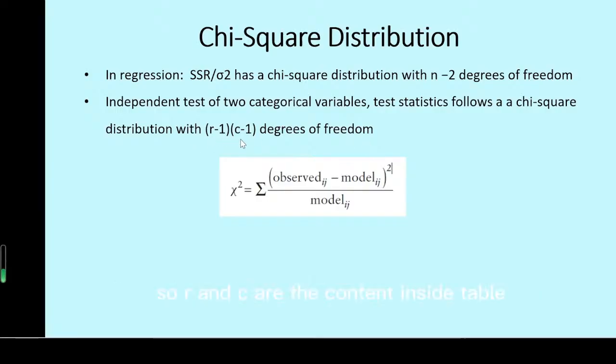Here r and c come from the contingency table between two variables: r is the row number, c is the column number. The statistic is calculated as observed counts minus model counts, squared, divided by model counts, and summed over all items in the contingency table.